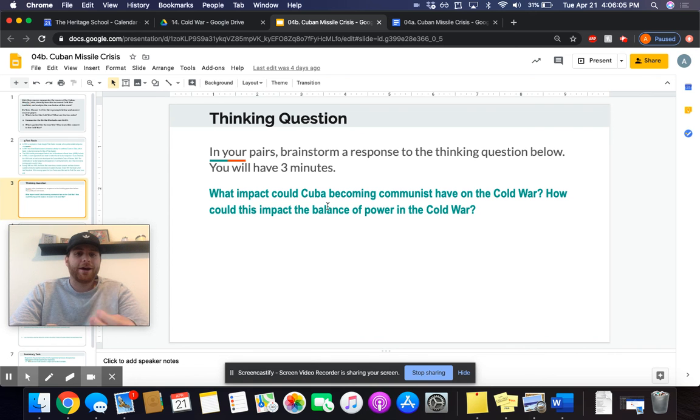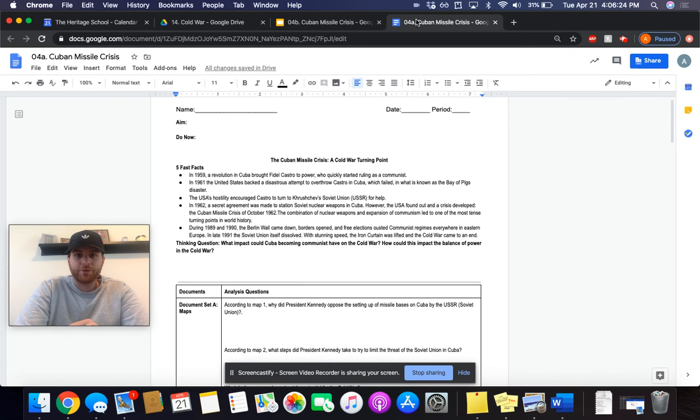Cuba is 90 miles away from Florida. Cuba is a very, very close neighbor of the United States. So we need to understand that even though it's a small nation, the geographic importance of Cuba can't be understated.